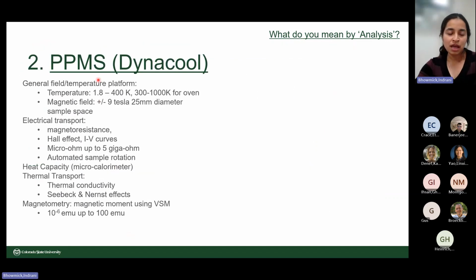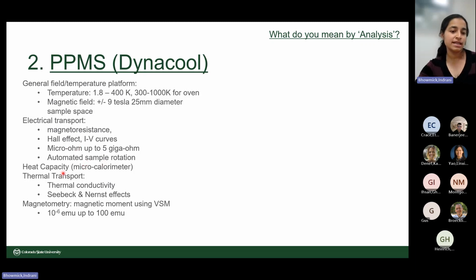This system is generally used for temperature-dependent magnetic measurements and electrical transport. It has options where you can use magnetoresistivity, Hall effect, IV curves. A lot of engineering and physics people are interested in this kind of measurement.